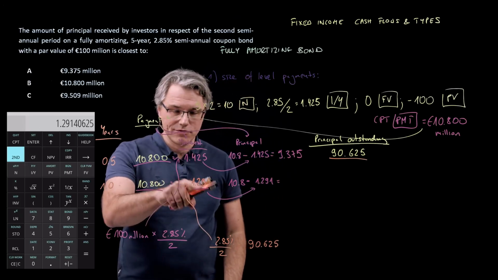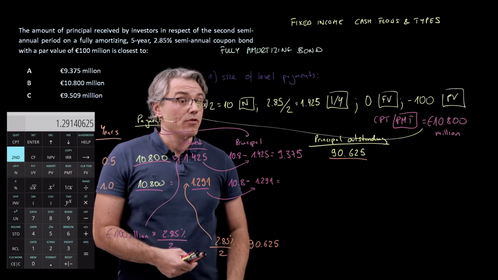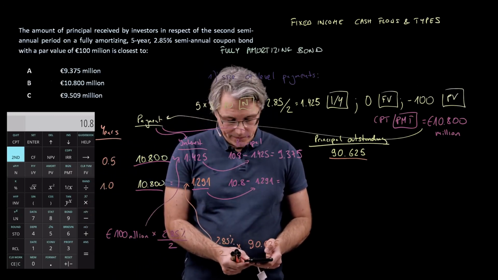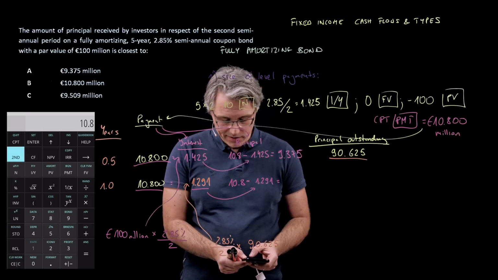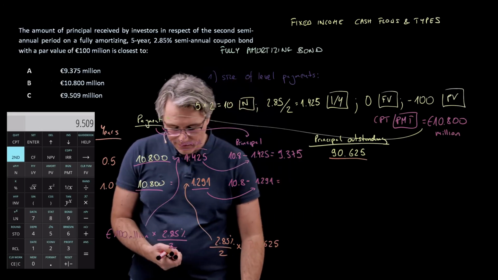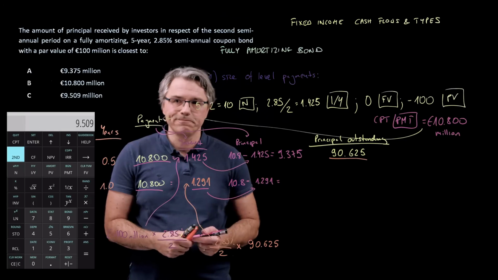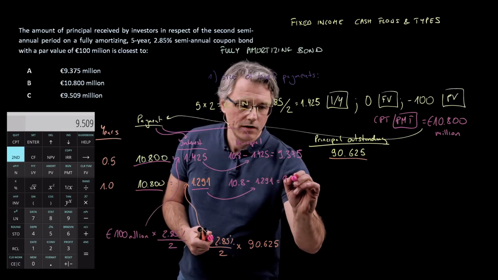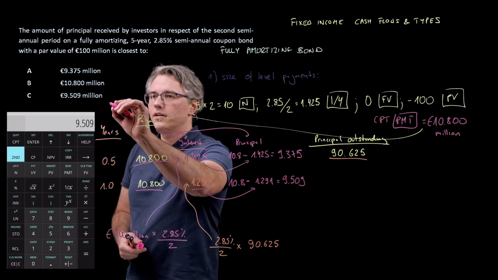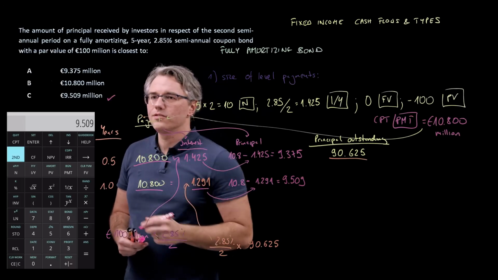We're going to have less interest as time goes by, but more principal repayments. So 10.8 minus 1.291 gives 9.509. Good. As you can see, this is in line with answer C, so that's the answer to the question.